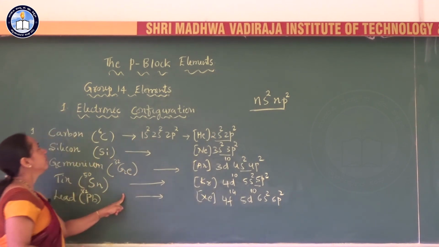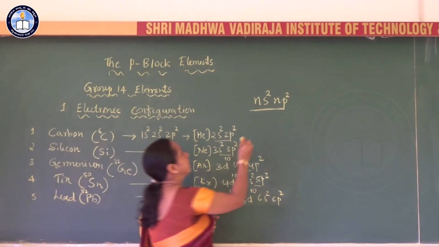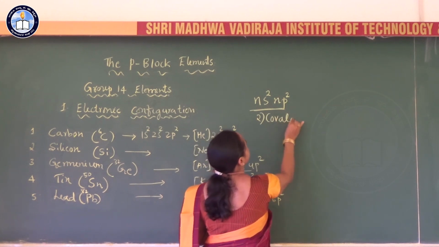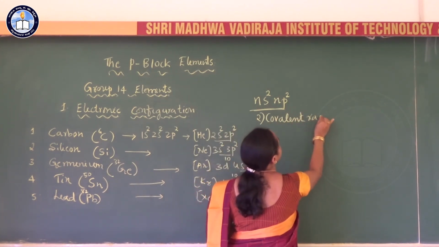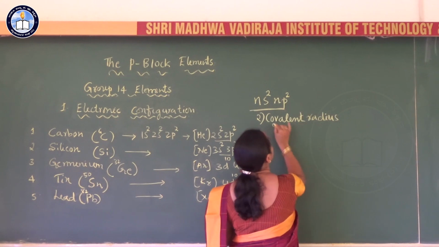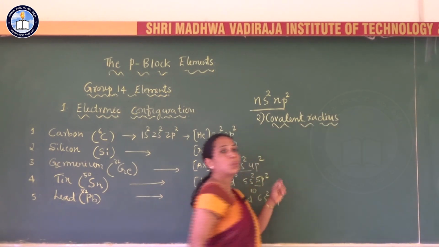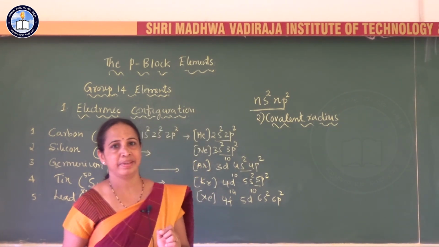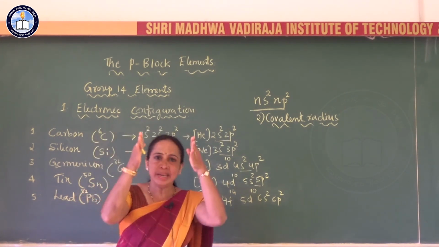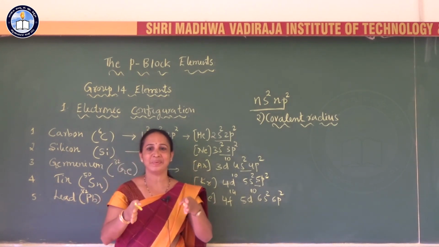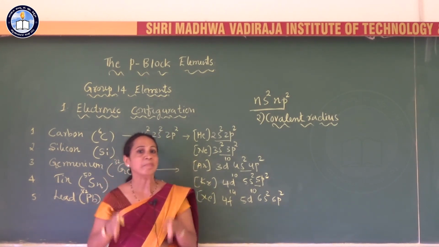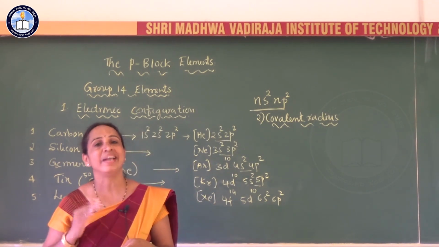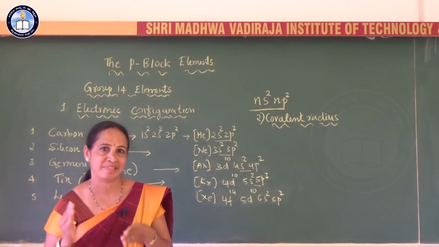Now let us consider the next general property, the second one, that is covalent radius. We call it covalent radius. As you know, in any group, as we descend down the group, there is a considerable increase in covalent radius because addition of electrons takes place in the outer valency shell.